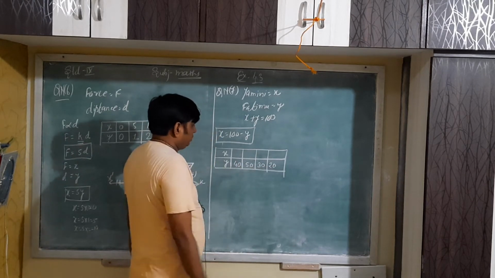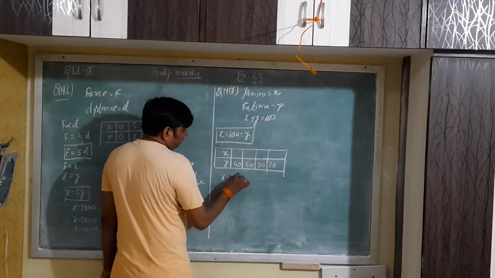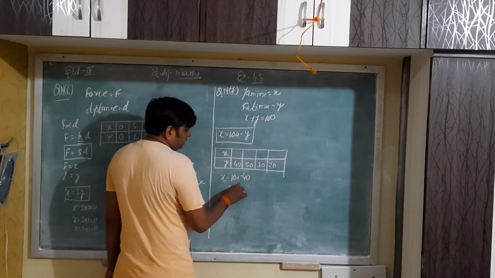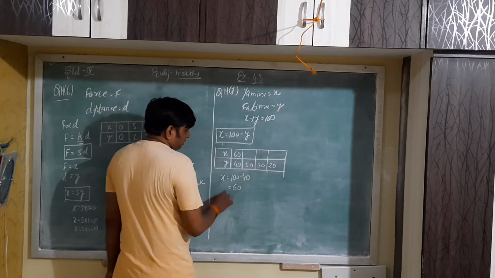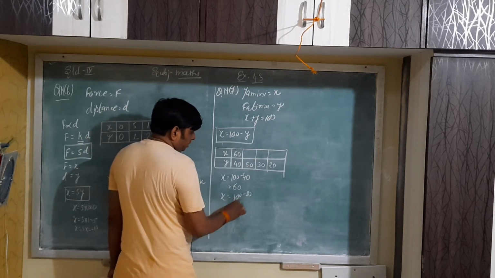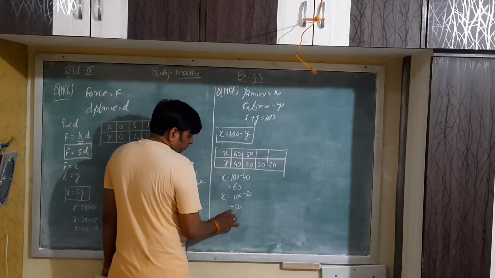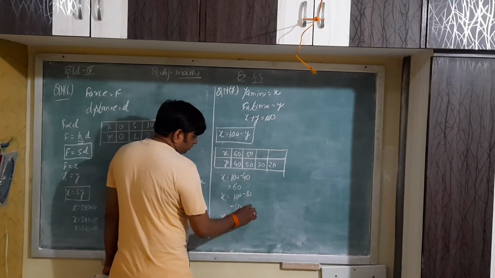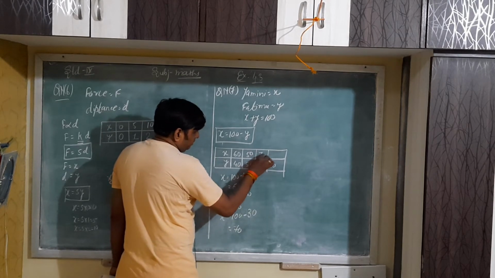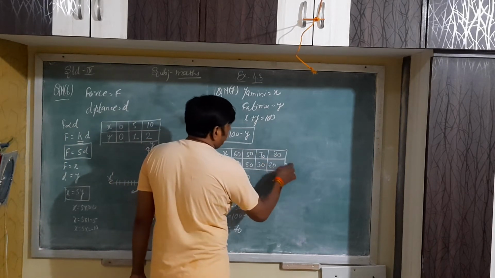If y equals 40, x equals 60. If y is 50, 100 minus 50 is 50. If y is 30, 100 minus 30 is 70. Similarly, y is 20, your answer is 80.